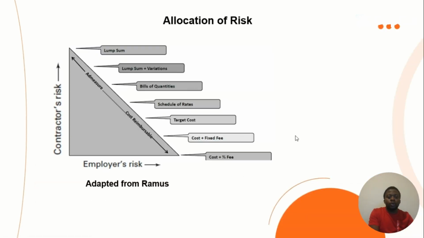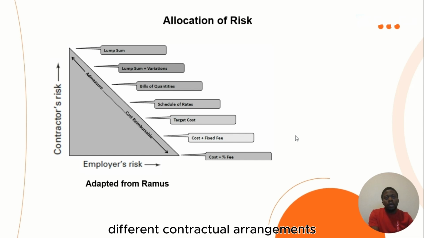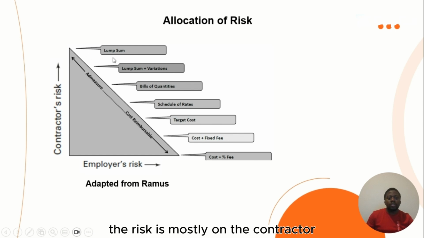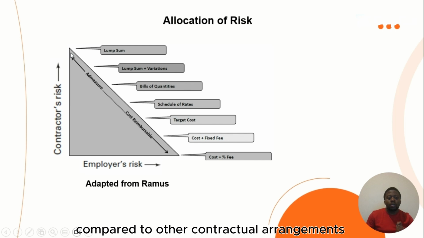This diagram shows us different contractual arrangements and how the risk is being shifted from the contractor to the employer. So if you look at this, in the lump sum contract, the risk is mostly on the contractor and it's kind of rigid compared to other contractual arrangements.